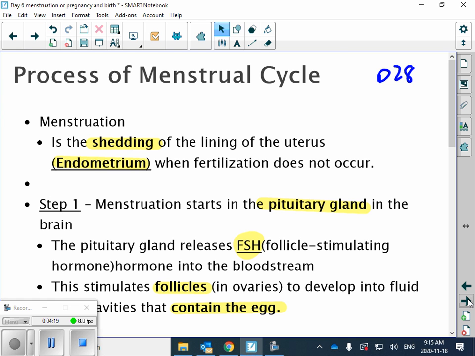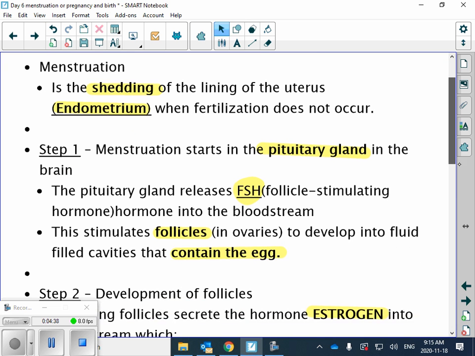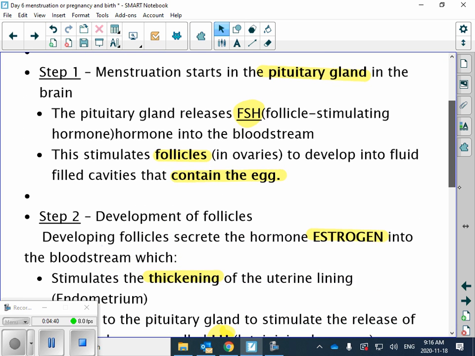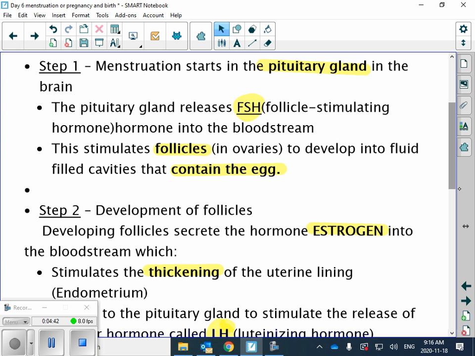So the process of menstruation goes like this, and we can break it down into steps. Menstruation is defined as the shedding of the uterine lining, or the endometrium, when fertilization does not occur. So when the egg is not fertilized by a sperm, then menstruation occurs. Menstruation starts back in that master gland in your brain called the pituitary gland.